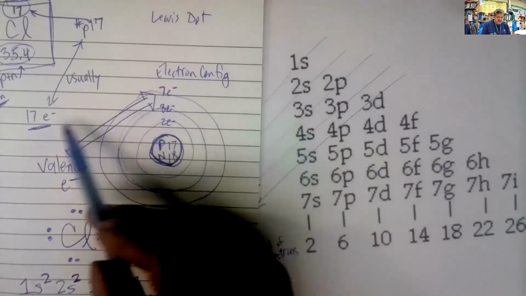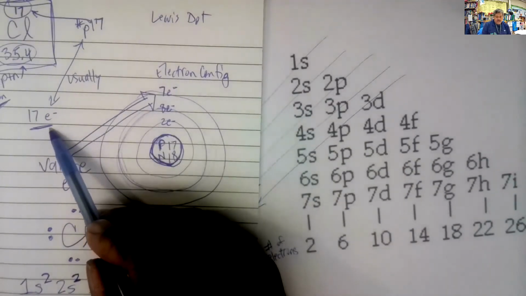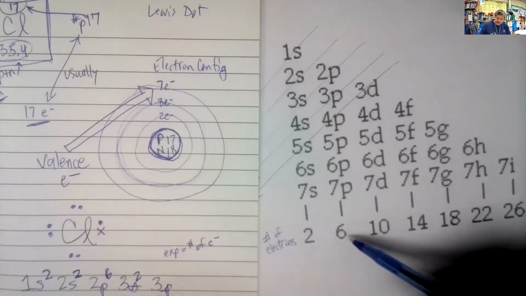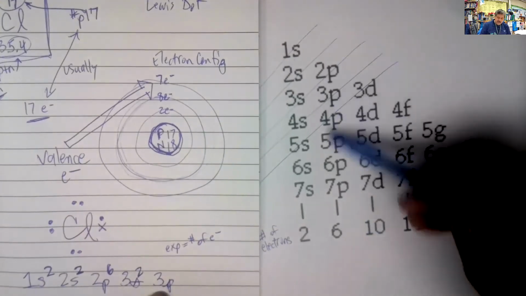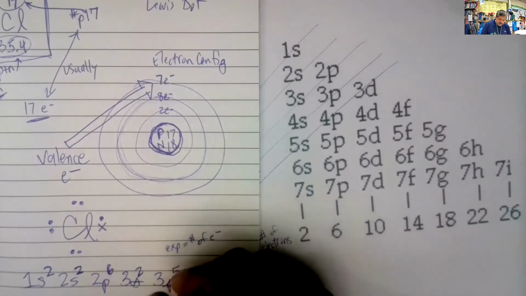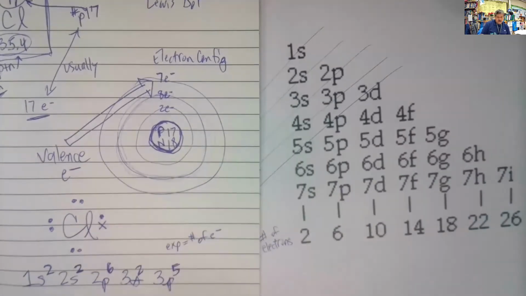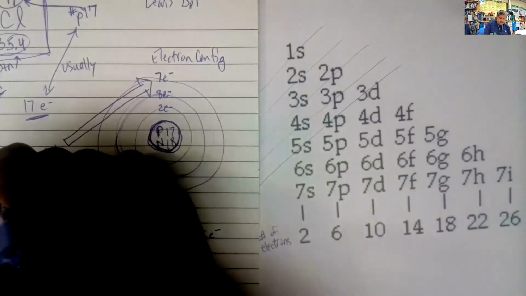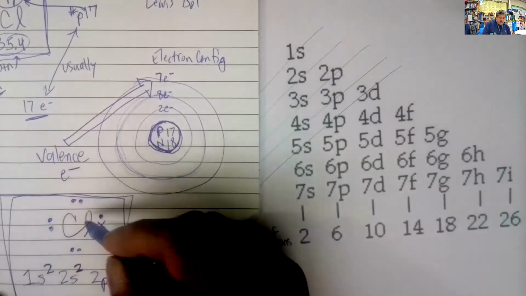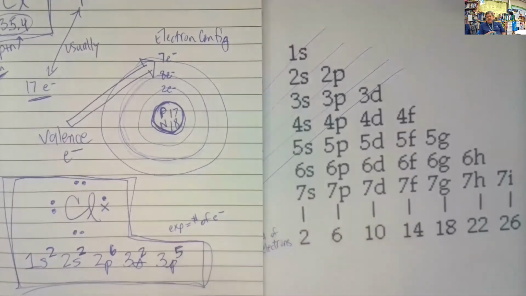I have 17 total, which means I have 5 left. Well, a P can hold 6. So I'm going to put in 3p and put the last 5 in there. And so this is the answer right here. The answer to the question is this diagram and this diagram for chlorine.